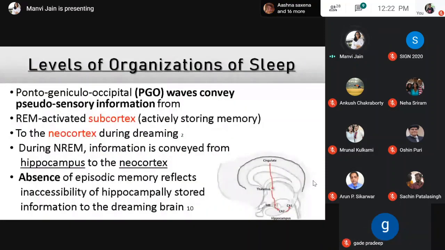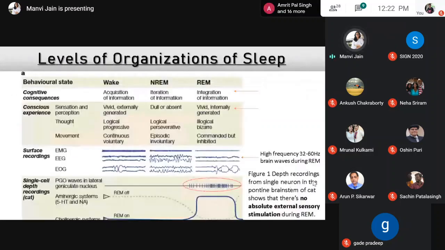Now, remember this point as it is really important to proceed further. Okay. Now, this information, which is iterated all throughout NREM, we integrate during REM, and then this whole information is used to create the dream content, which is of my interest.